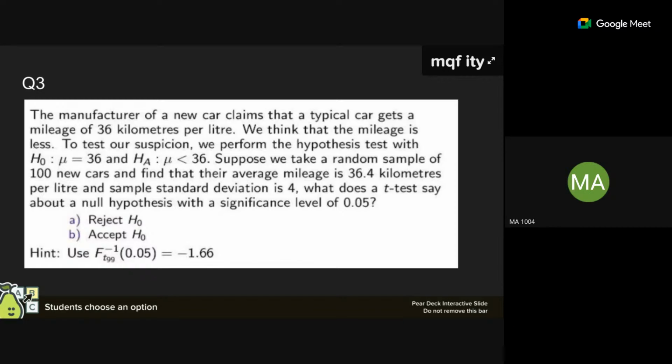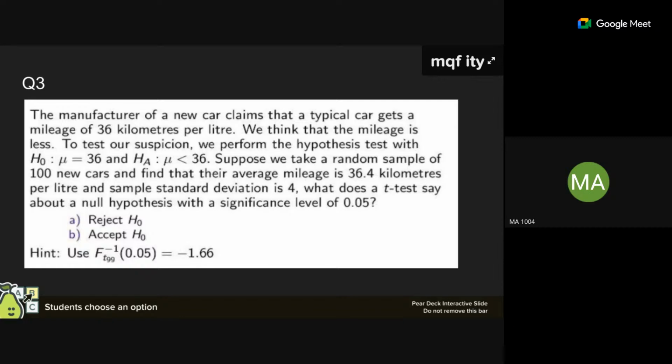So they set up their hypotheses. They said, okay, if they are saying 36, let's say the null hypothesis is 36 and the alternative is less than 36. So either the claim will be true or the suspicion that the mileage cannot be 36, it might be less. So there are two things, either null will be true or the alternative.